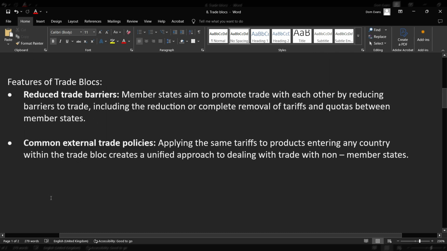So the features of trade blocs. So we've got reduced trade barriers, okay, within the trading bloc. So freer movement of goods, services, potentially people as well. But crucially, there are common external trade policies as well, okay?